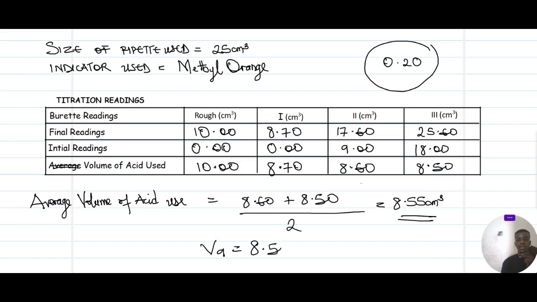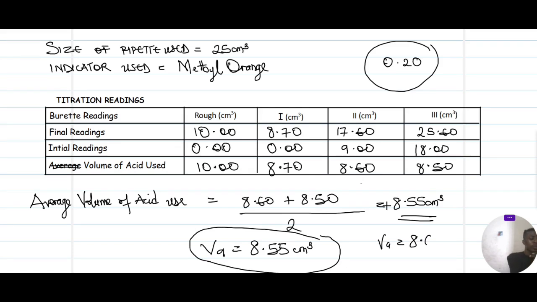From our stoichiometric calculation, from the equation, we arrived at VA to be, I think, 8.5. Now we are having 8.55, almost the same range. So you can go with this one. Take note, the calculation we'll be doing subsequently, we shall be using this as our VA.